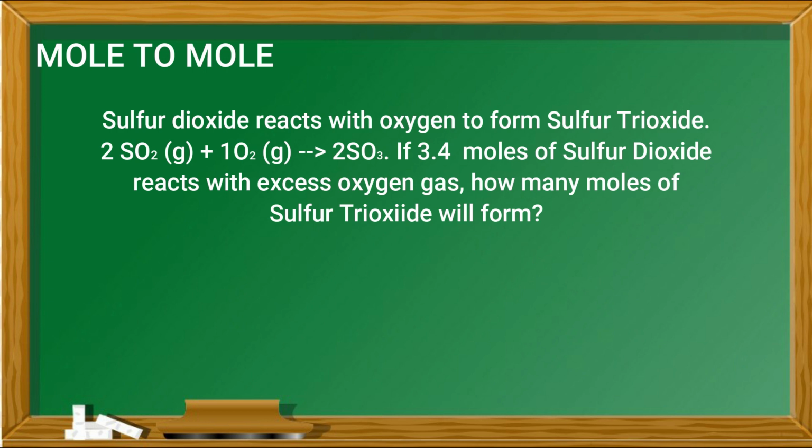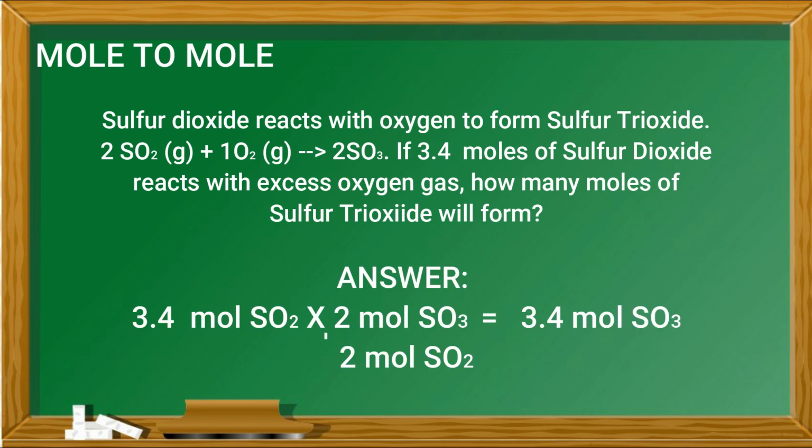Now, pause the video and feel free to answer this problem. What we need to do is find the molar ratio between the sulfur dioxide and sulfur trioxide. So, for every 2 moles of sulfur dioxide that reacts, 2 moles of sulfur trioxide will be produced.